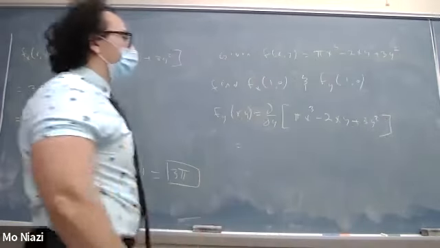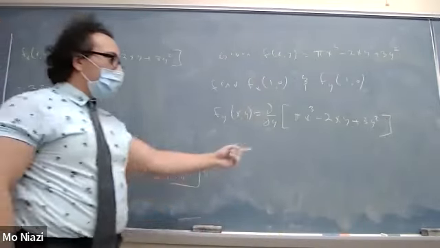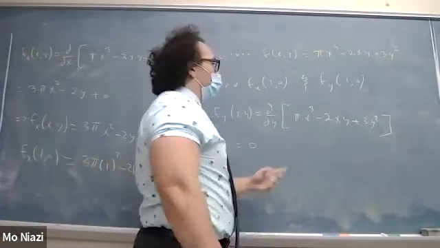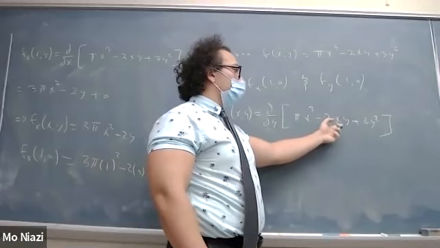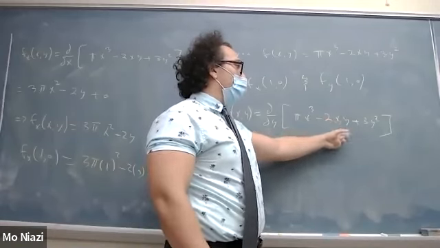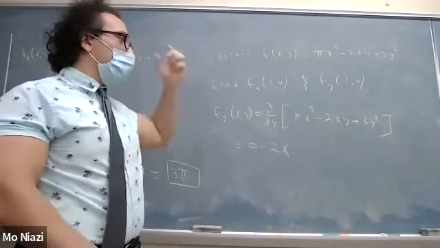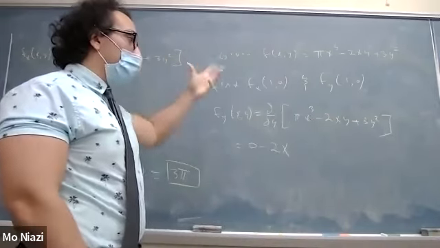Let's take the partial derivative with respect to y. When it hits this term, everything is just constant to it. It becomes 0. When it hits this term, it ignores the 2, it ignores the x, it takes the derivative of the y, just leaving the constant part, this negative 2x.